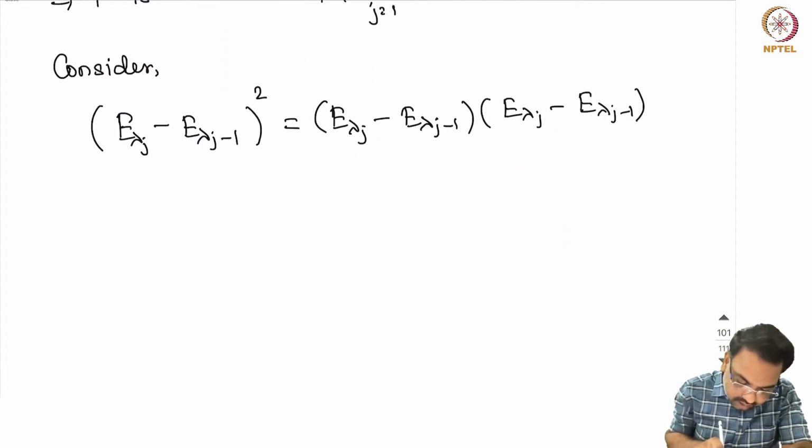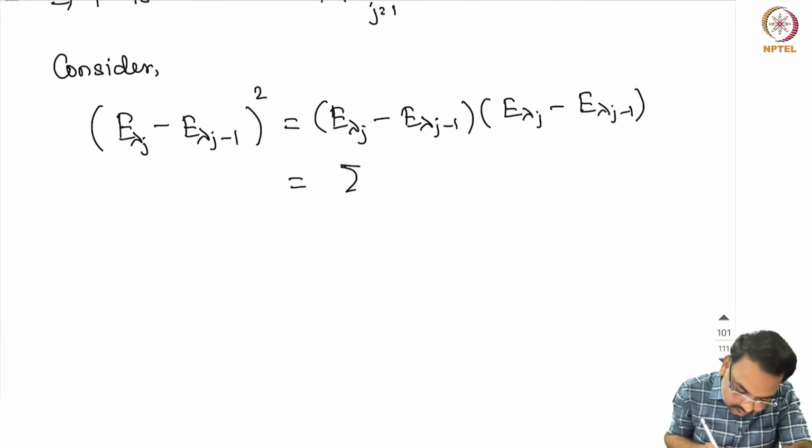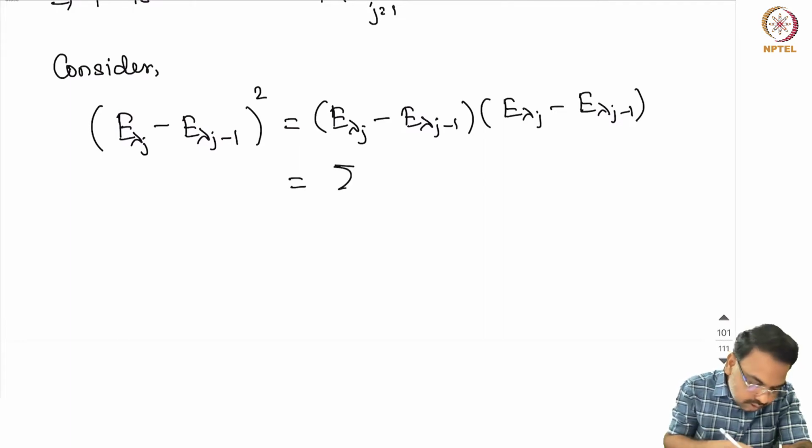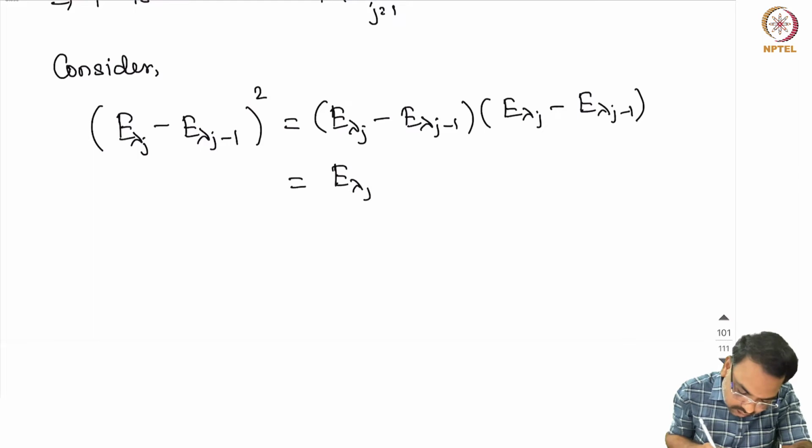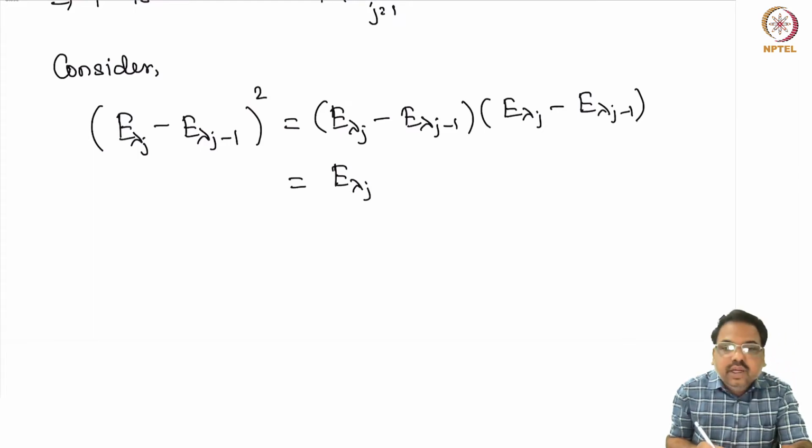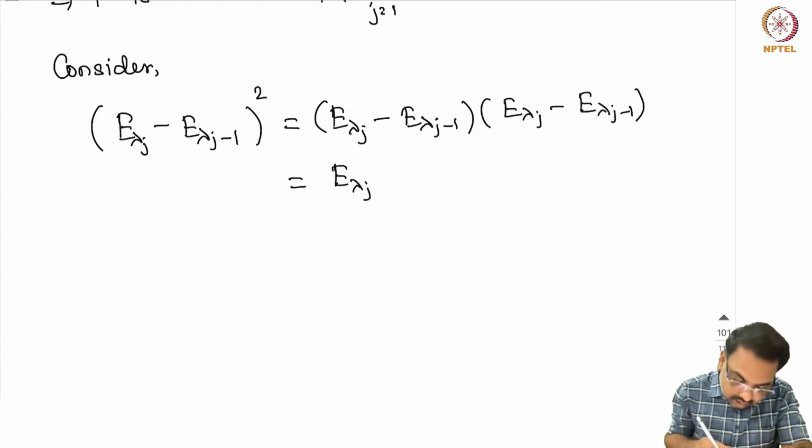So this is E lambda j square, but E lambda j square is E lambda j.